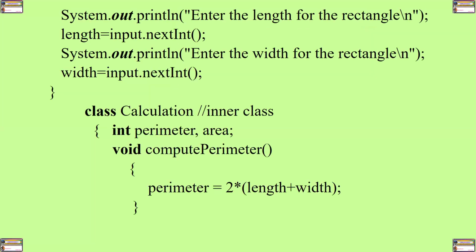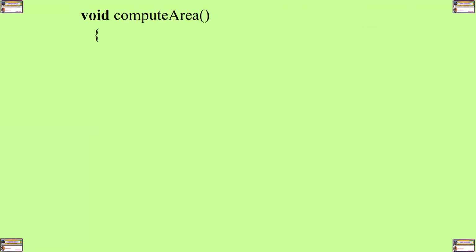So that is the power or the advantage of having an inner class, because you don't need to redefine certain members or attributes, but those attributes can just be inherited from the outer class to which an inner class belongs. And then we have another method called compute area.